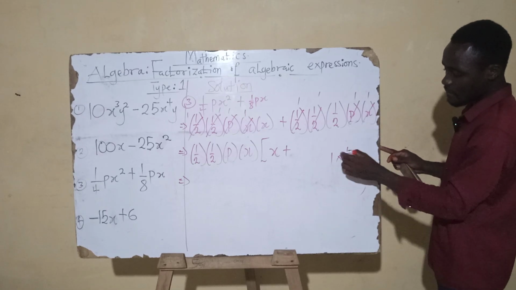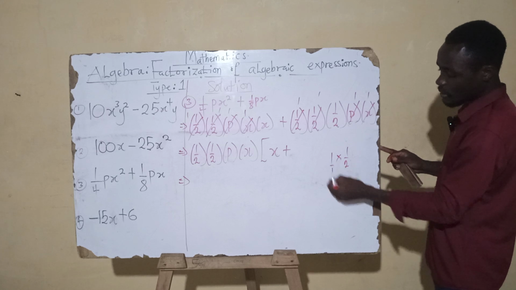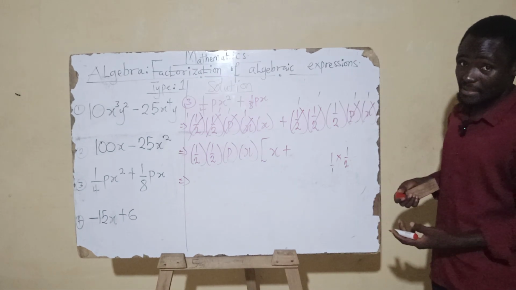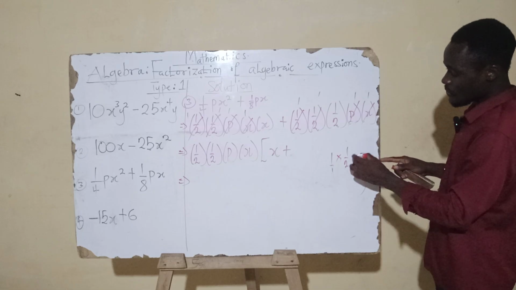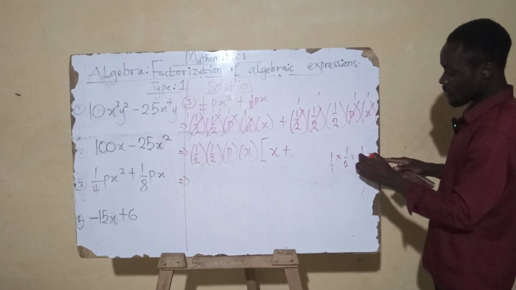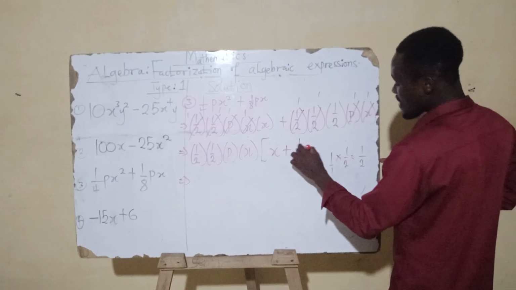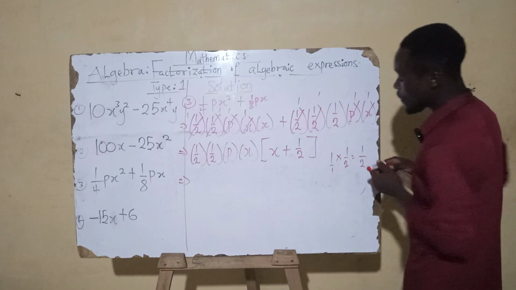According to the idea of whole numbers, when we multiply, 1 times 1 gives us 1, over 1 times 2 gives us 2. That's why 1 times half is half. So half here becomes an uncommon term.